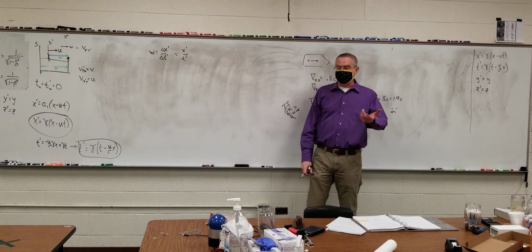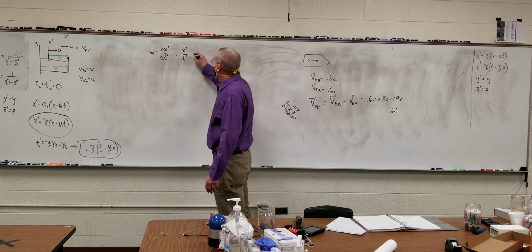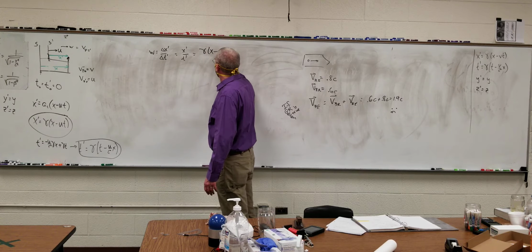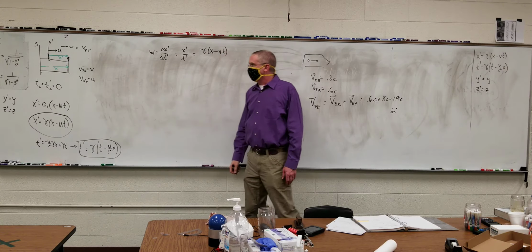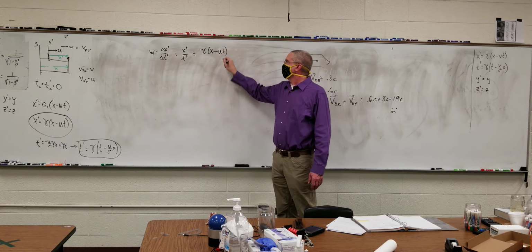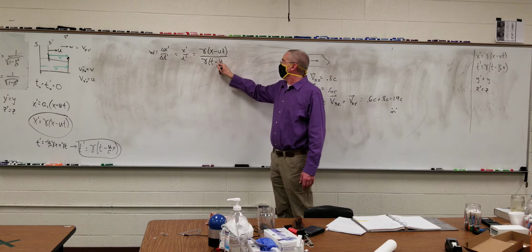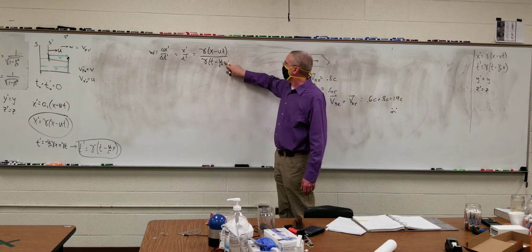The initial x prime and t prime will both be 0. So this is gamma (x minus ut) over gamma (t minus u over c squared x).